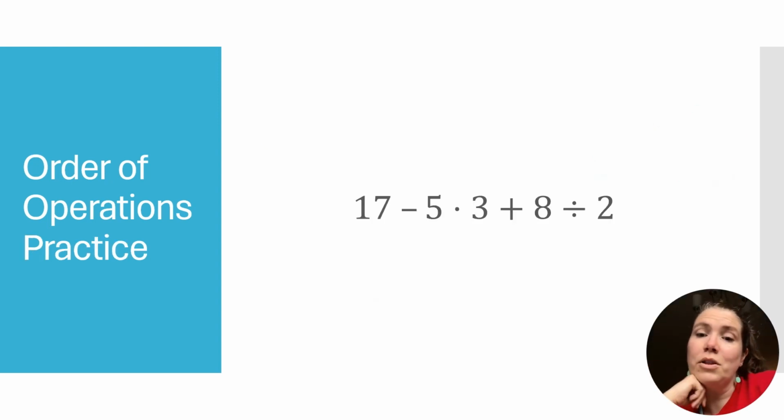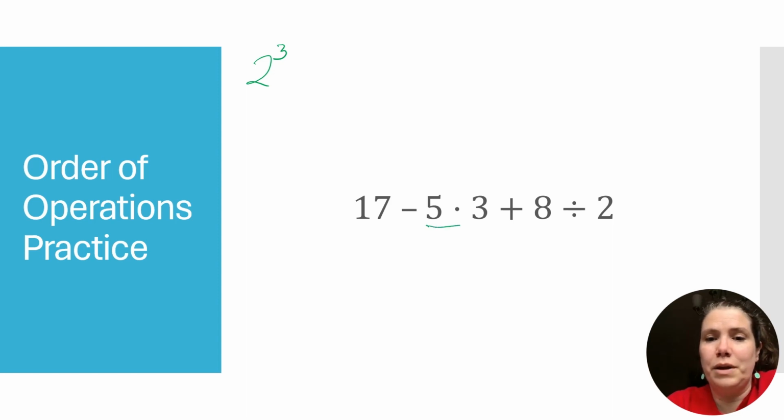So we're going to start by looking for parentheses and groups. I don't see any parentheses and groups in this one. So now I'm looking for exponents, which remember an exponent looks like a power, those little ones up in a superscript up top. Don't see any of those. So now I'm going to look for multiplying and dividing. I see 2 instances of multiplying and dividing, and I'm going to make sure to do them from left to right.